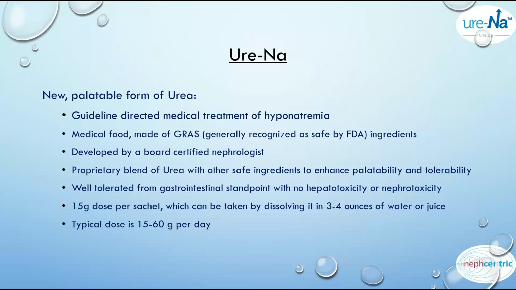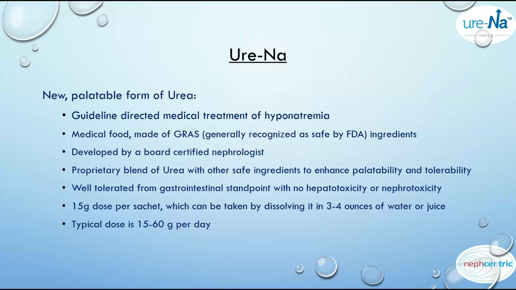Indeed, Urina is now a medical food made of ingredients generally recognized as safe by the FDA. It's developed by board-certified nephrologists. The proprietary blend of urea with other safe ingredients to enhance the palatability and tolerability has been discussed. It's well tolerated from a gastrointestinal standpoint with no hepatotoxicity or nephrotoxicity.